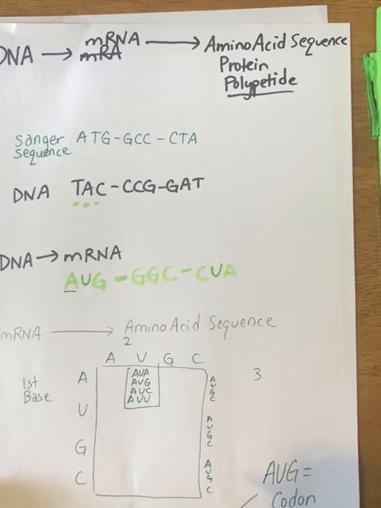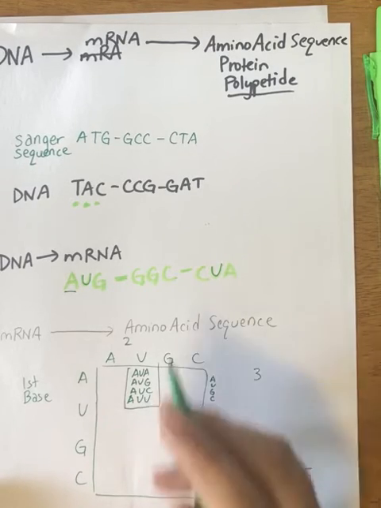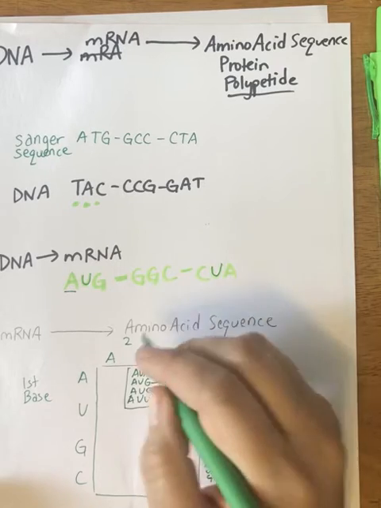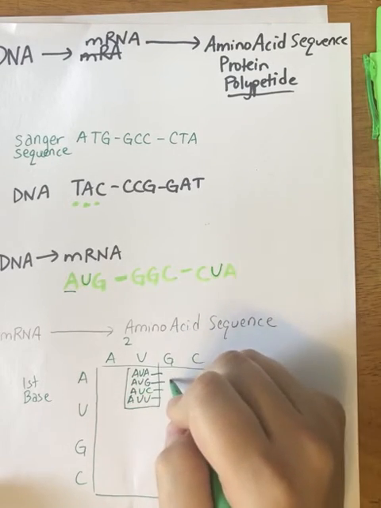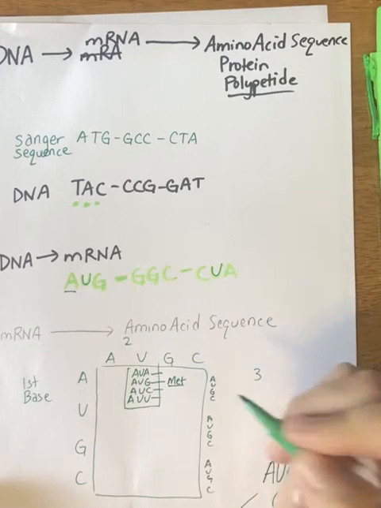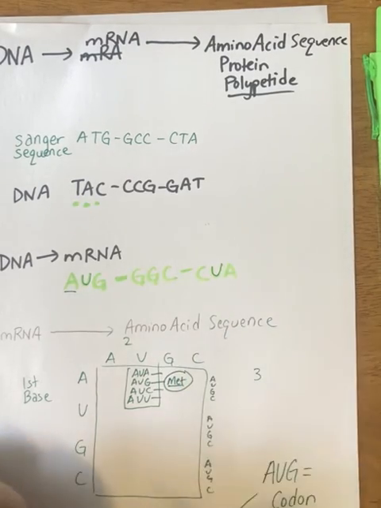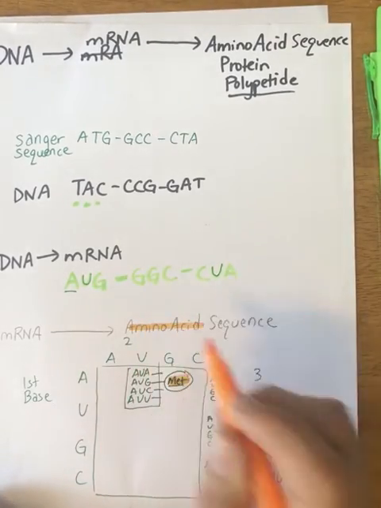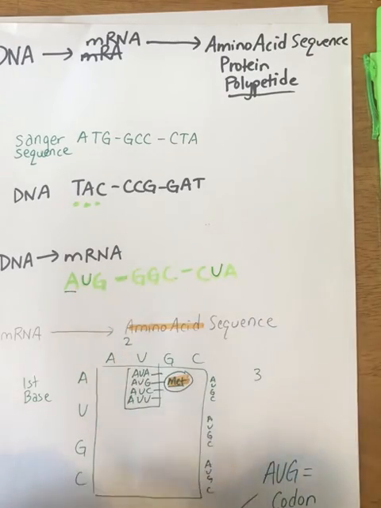So the genetic code is listed, and then out to the side, it's going to have an amino acid that goes with it. So AUG is always going to be methionine, MET. So this over here is the amino acid sequence. So methionine is the amino acid that goes with AUG.